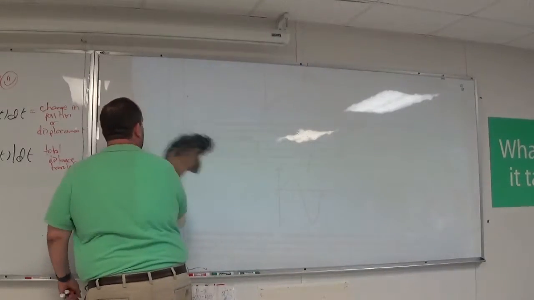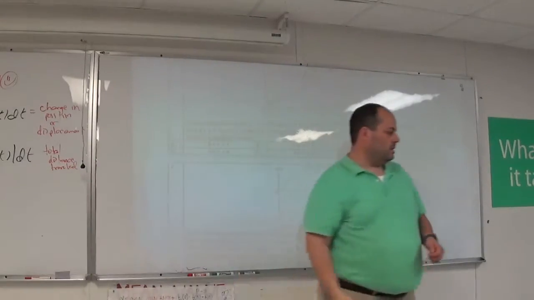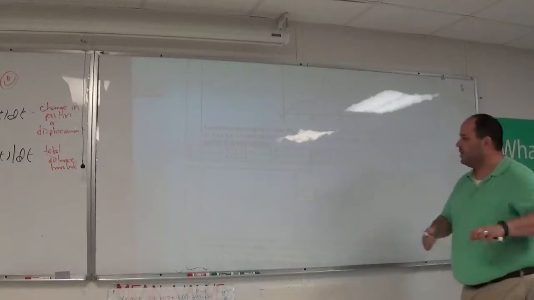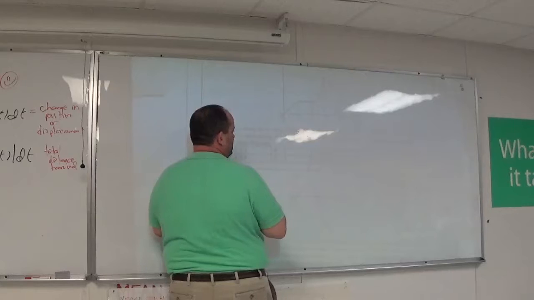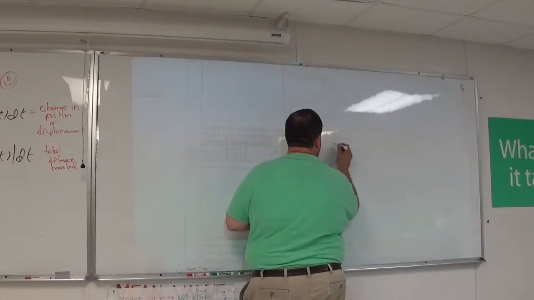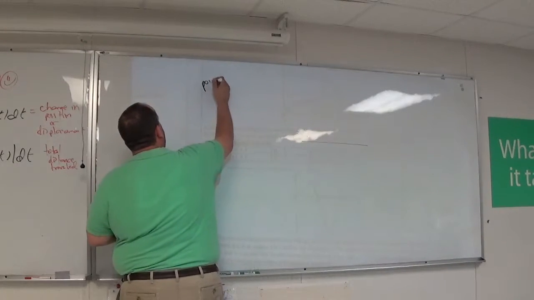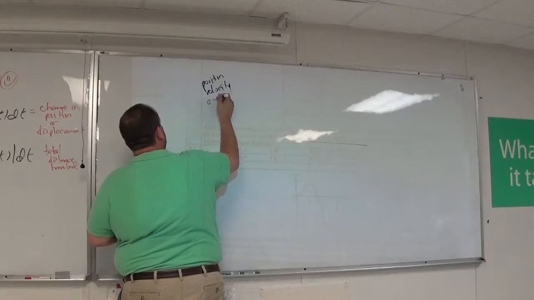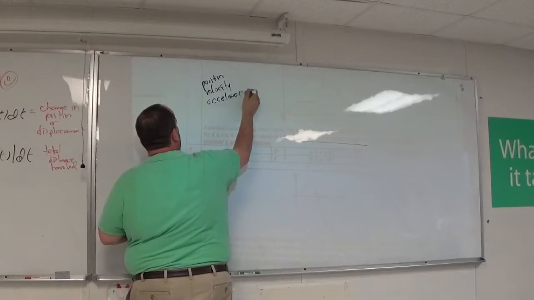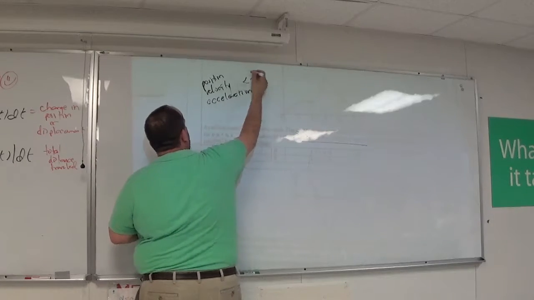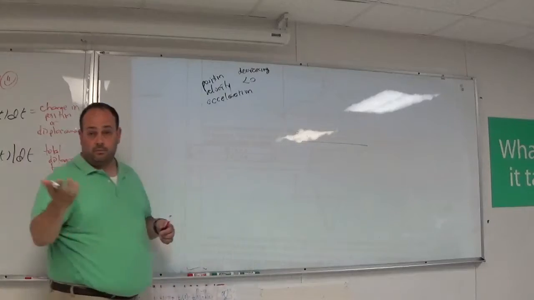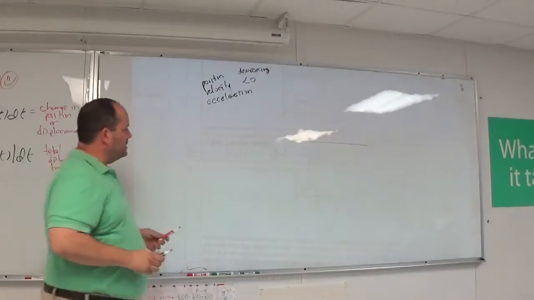So Delia, this is partially for the friends at home, right? You already said the velocity is negative. We know about this position, velocity, acceleration relationship. You said velocity is negative, so position has to be decreasing. What else do we know?